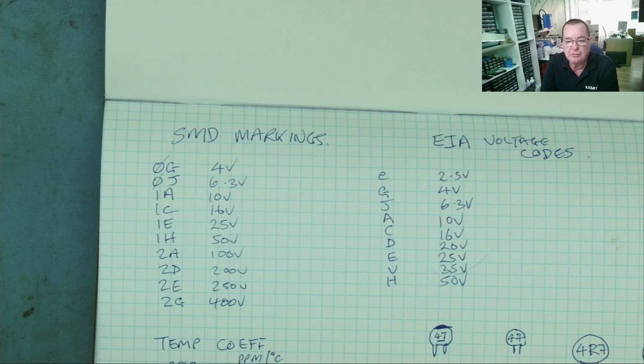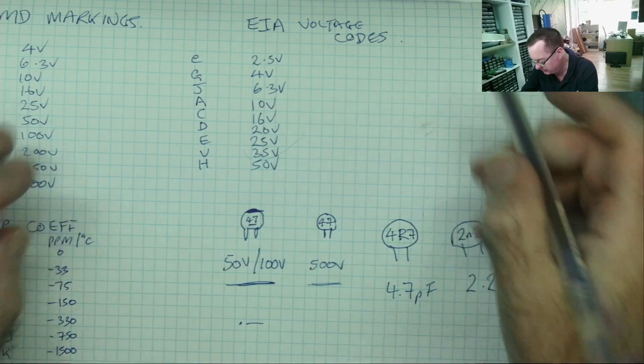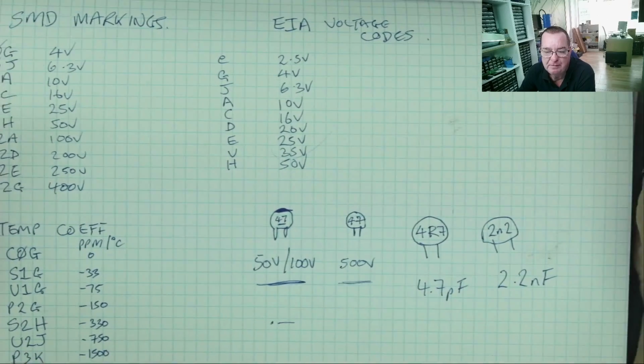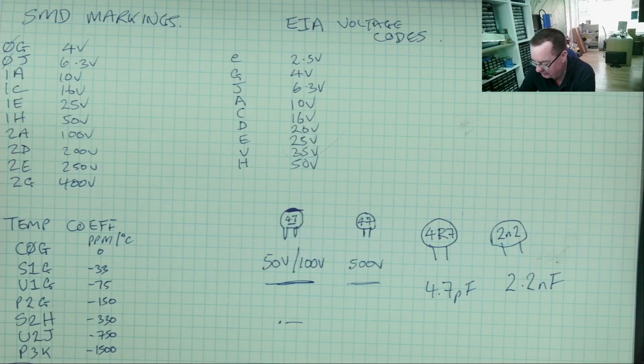Another thing I want to just discuss a little bit at this point is these X2 or X and for that matter Y capacitors. X and Y capacitors. Let's just talk about those for a moment. Actually, this is important. X capacitors and Y capacitors are meant for filtering of noise on mains lines, live and neutral.